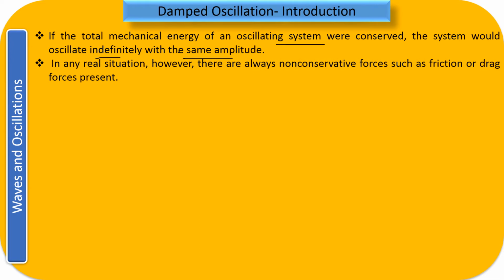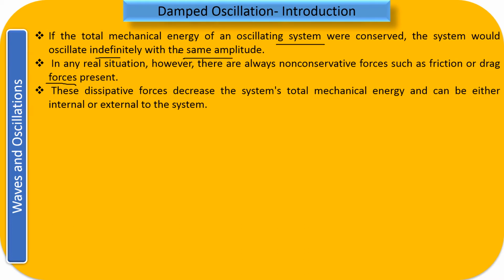However, in real situations, there are always non-conservative forces such as friction or drag forces present. That is, if this spring is going to oscillate, or the simple pendulum is going to oscillate in an air medium, the air will become your drag, and that is going to reduce the amplitude.